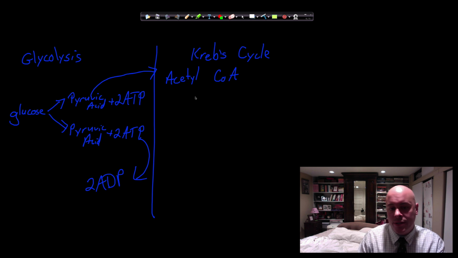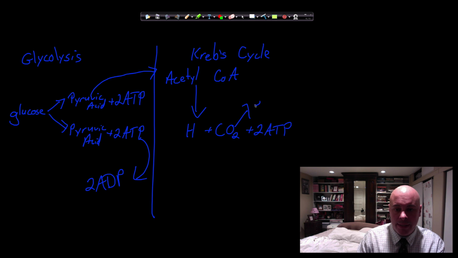And this acetyl-CoA is going to go through many reactions, but what we want to focus on is that we'll wind up with hydrogens, carbon dioxide, and 2 more molecules of ATP. This carbon dioxide is exhaled, and the hydrogen here is going to combine with a carrier molecule called NAD to become NADH.